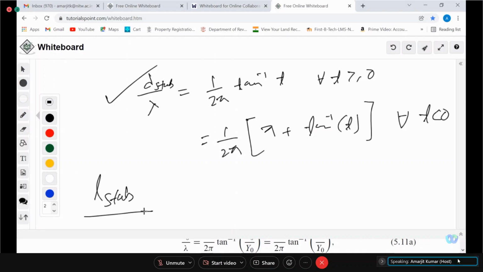For calculating the length of the stub, I told you that minus B, negative of the susceptance of Y, that means negative of the imaginary part of Y, is equal to the susceptance of the shunt stub.